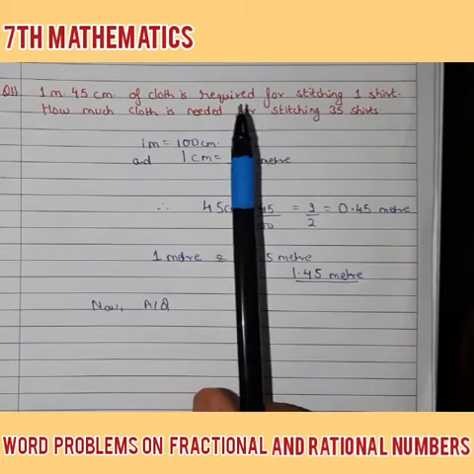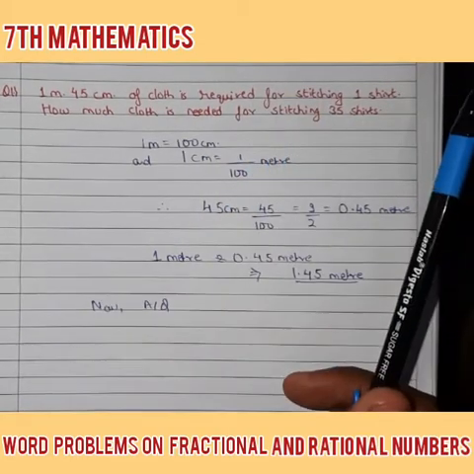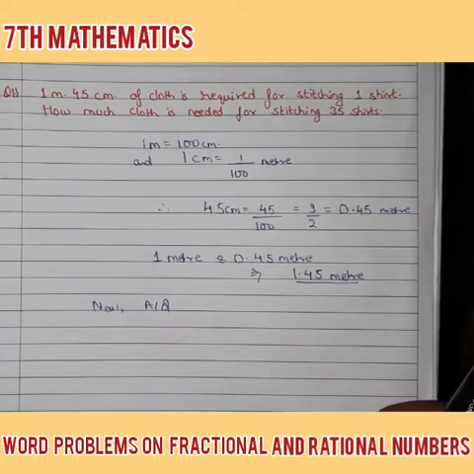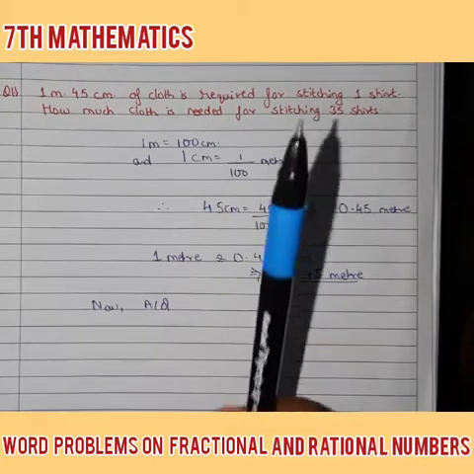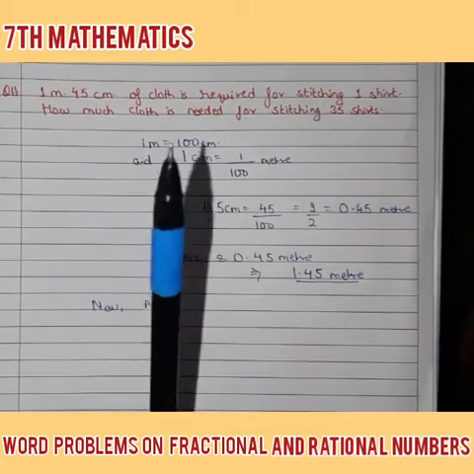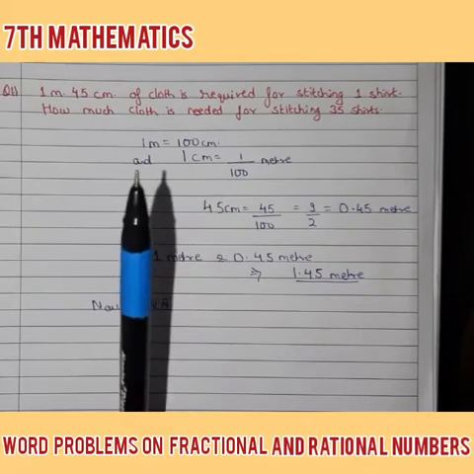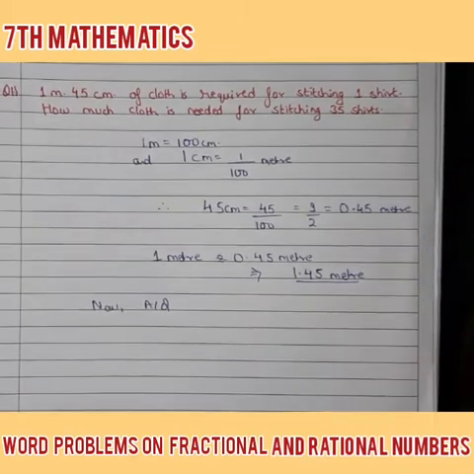This question is similar to the basic questions we have done in your earlier classes, like if the cost of 10 pens is given, then what will be the cost of 20 pens? Whenever such types of questions come, first we need to find the value of a single quantity. Once we know what a single quantity costs, then by that we can find out the quantity asked in the question.